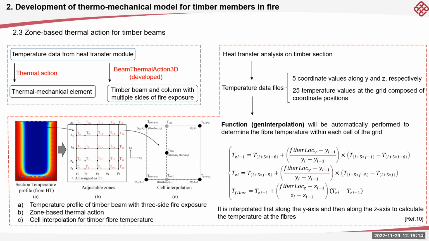This is y1, y2, y3, y4, y5, the coordinate values, and T1 to T25 are the temperature values, and the functions named interpolations developed by Dr. Anwar will be automatically performed to determine the fiber temperature within each cell of the grid.